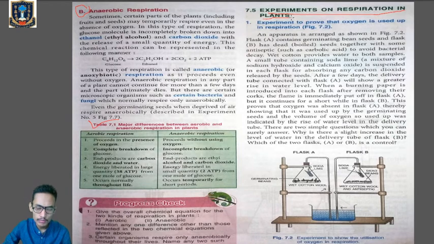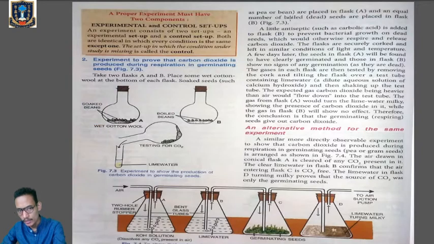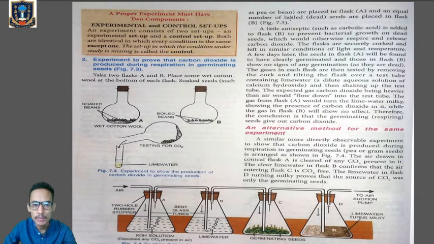So before going into the experiments, the first thing that we should know while performing any experiment or setting up any apparatus is that we have to have two setups before conducting any experiment.